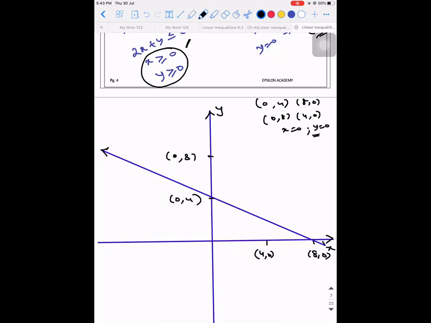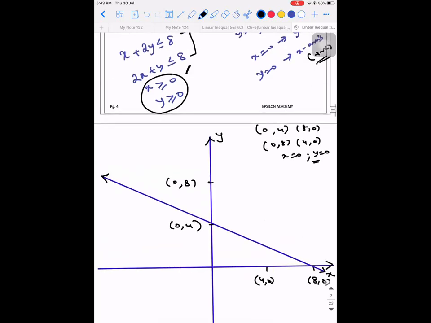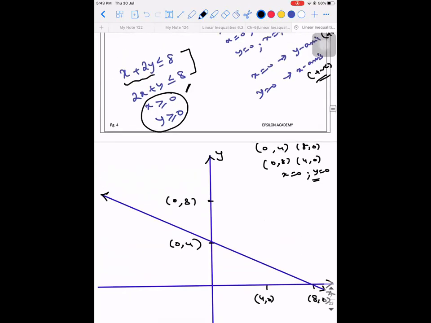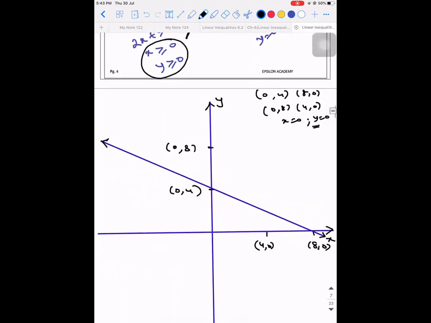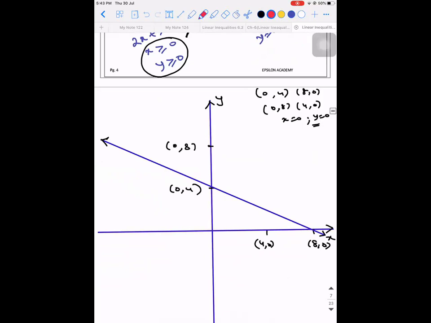This one, this one. So should I include the origin or not? So x plus 2y, if I put 0, 0 plus 0 is less than 8. So I should include the origin. So include means I will take it like this.